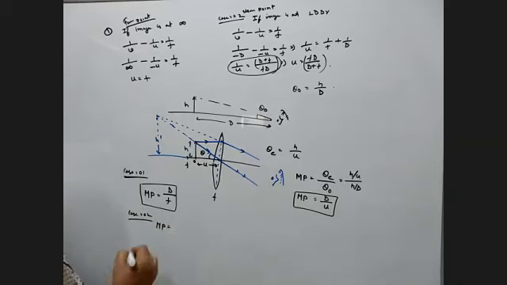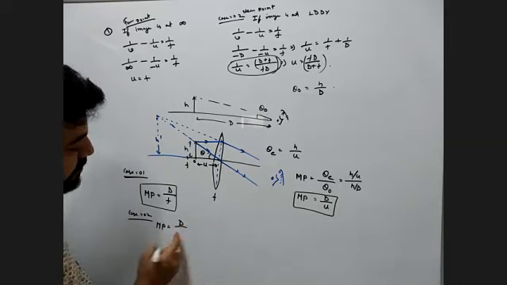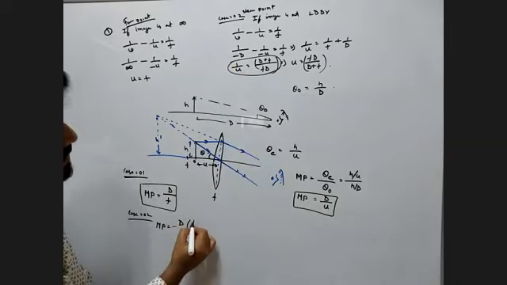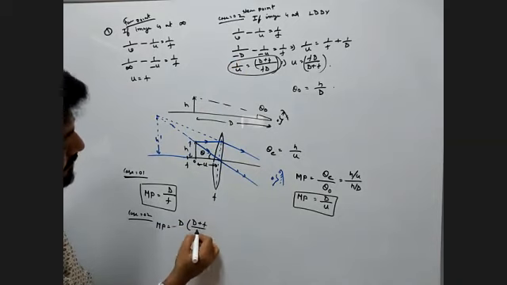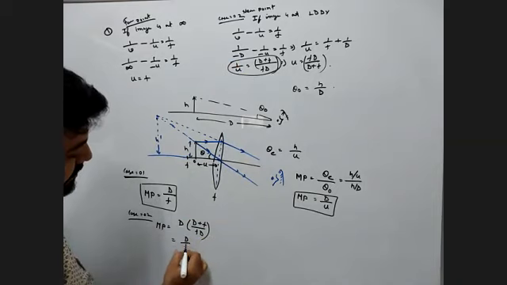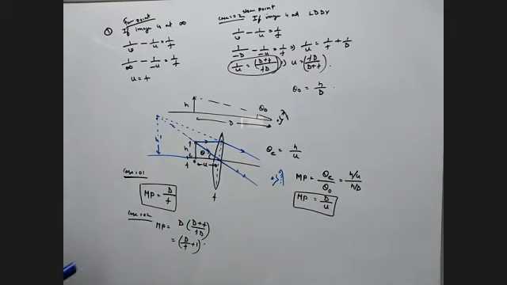Magnifying power is d by u, u is what? It is f d by d plus f, so d plus f by f. So what you have is d by f plus 1. Yes or no? Tell me.